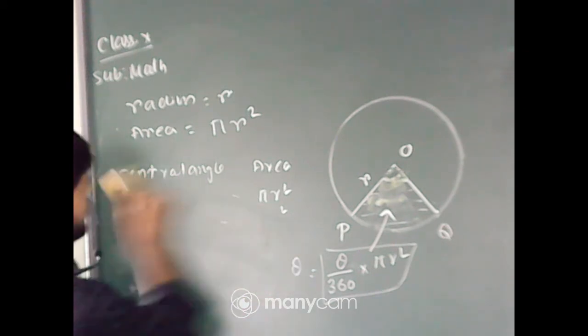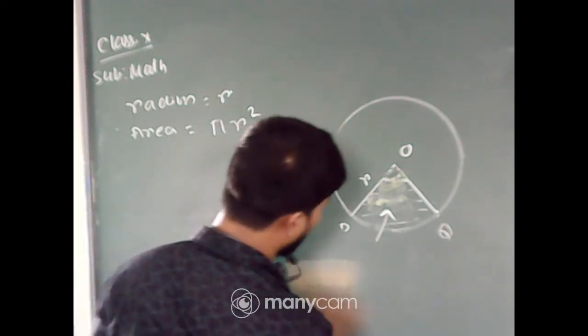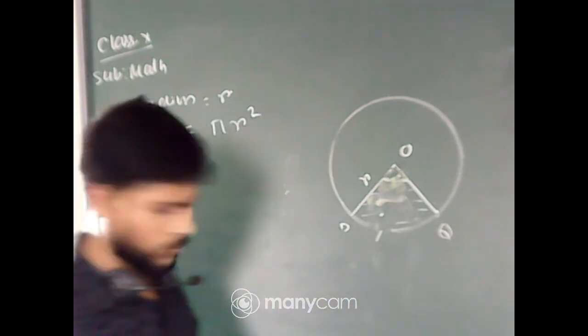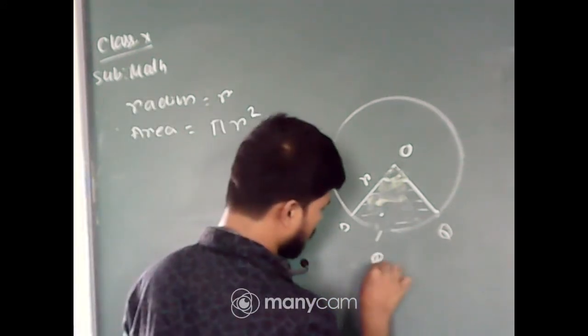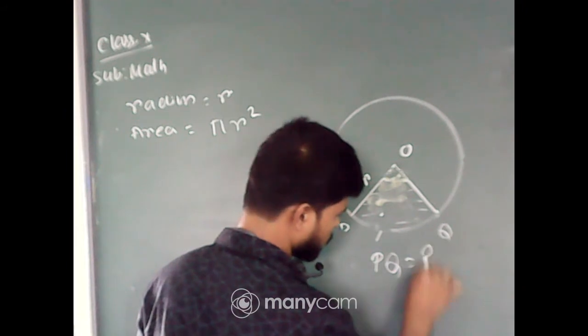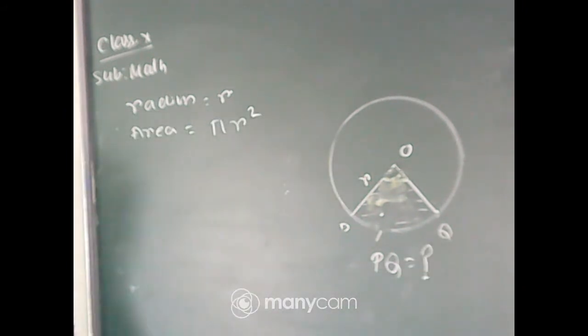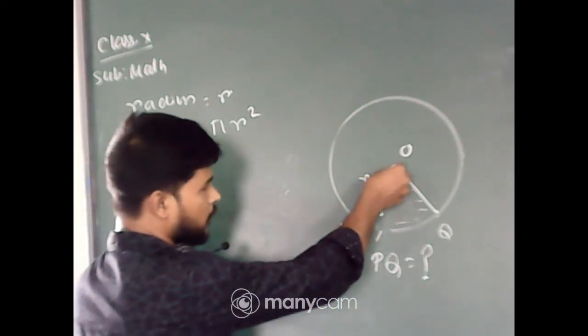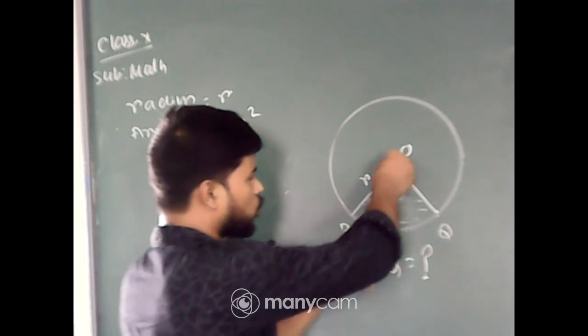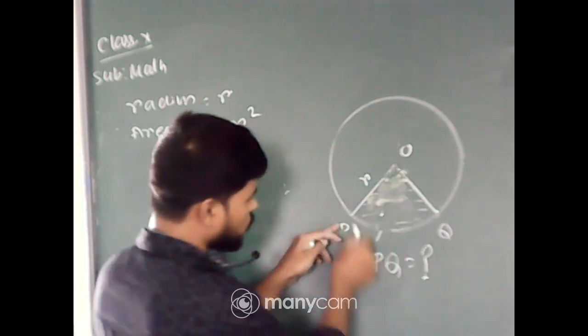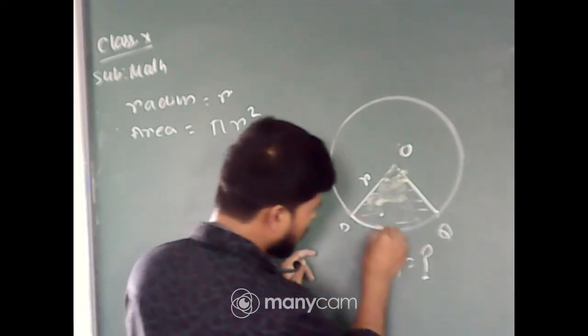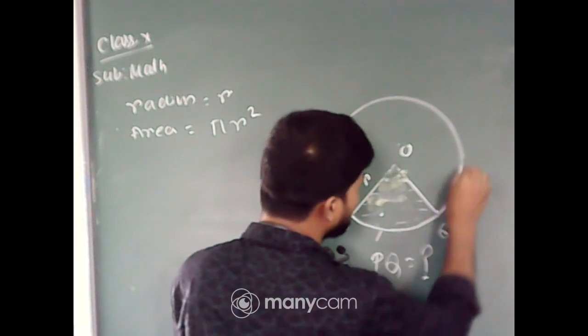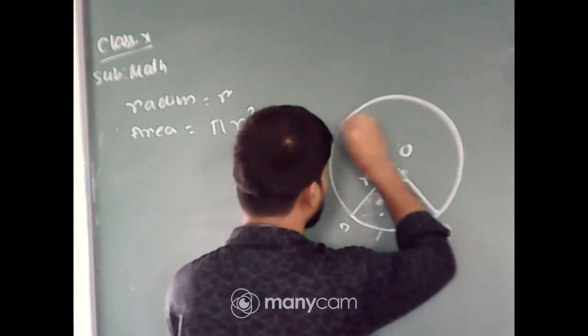The next formula is, what is the length of this arc PQ? Okay, now look, we'll apply the same procedure. If we rotate this radius through 360 degree, this tip will cover this distance, meaning its boundary.